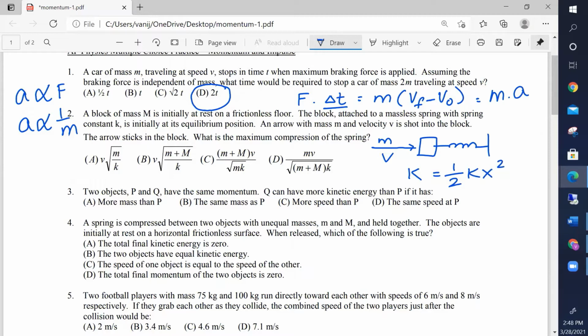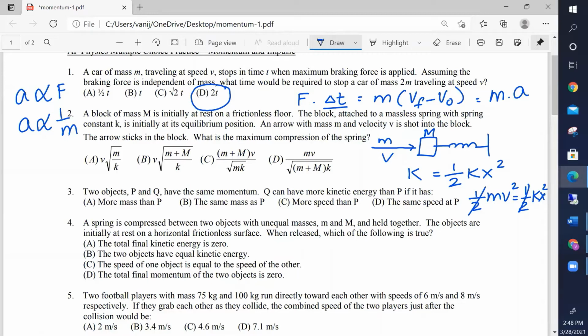So 1/2 mv squared equals 1/2 kx squared. Now, I can get rid of 1/2. I know the mass because it is simply the combination of the two masses, the mass of the arrow and the mass of the block. However, I do not know the velocity, right?